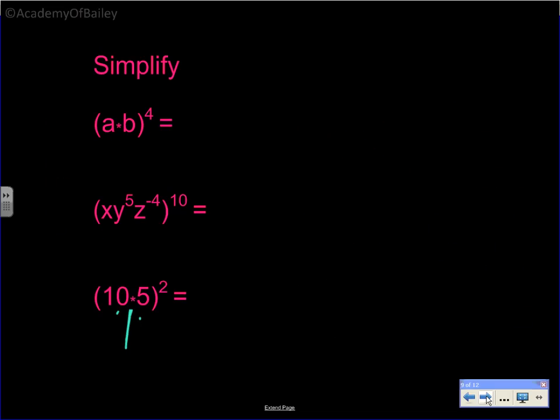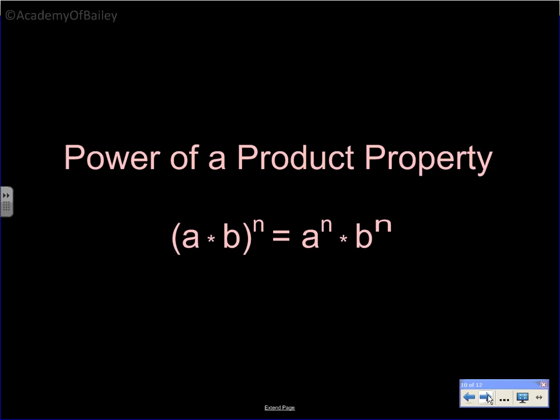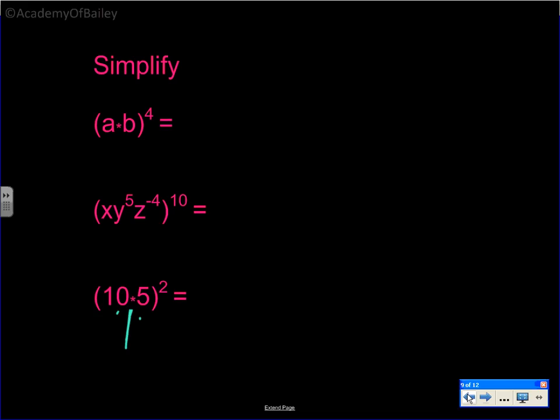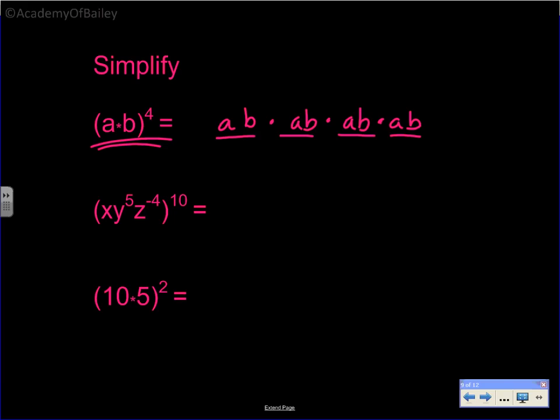So multiplication sign, it's the power of a product property. And what does this mean? What number is being raised to the fourth power? Well, that's a times b, right? Times a times b, times a times b, and then times a times b. We have 1, 2, 3, 4 ab's being multiplied by themselves. And if we look, what is between a and b?